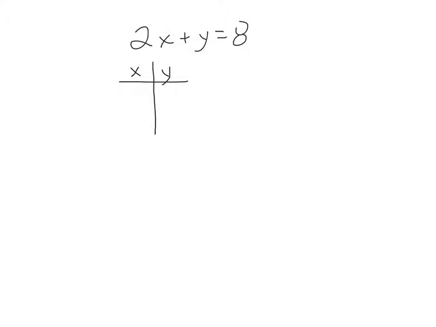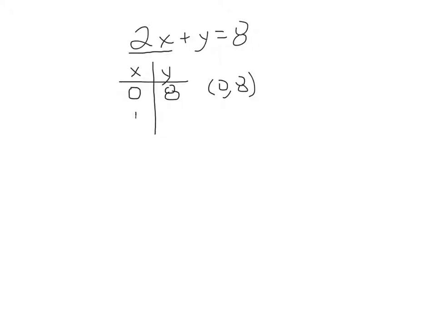So I'm going to do that and set up a t-chart with x and y. If x would be equal to 0, that would eliminate the 2x in that equation. So then I would just have y is equal to 8. So one possible ordered pair for this is 0, 8.